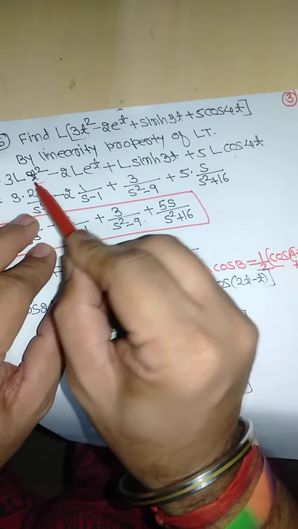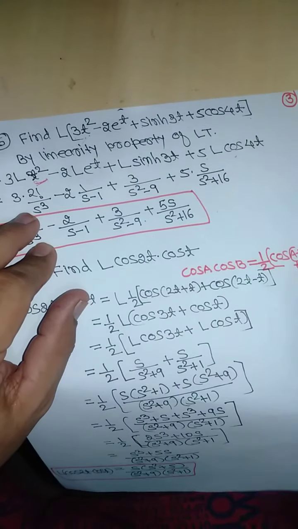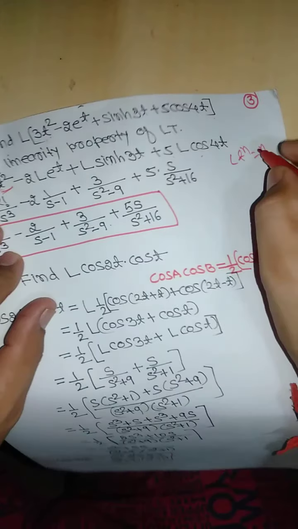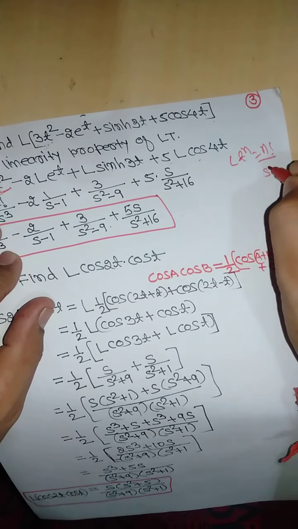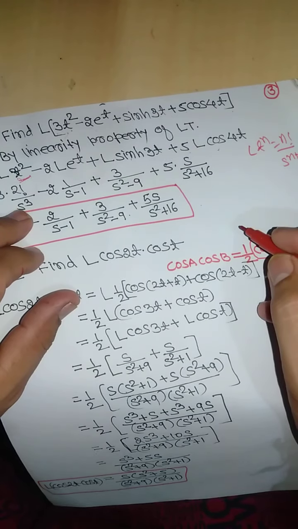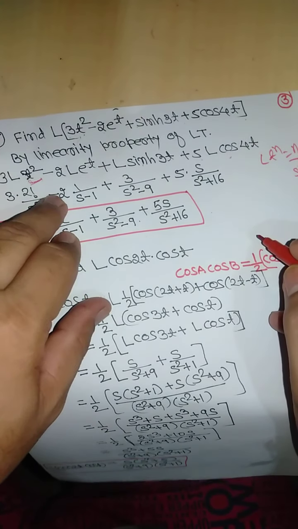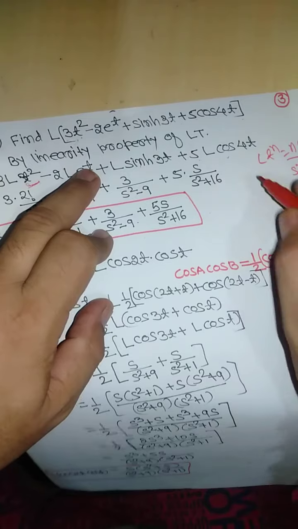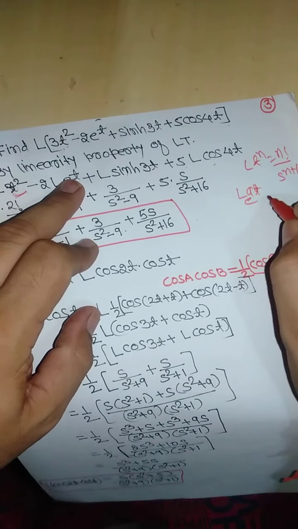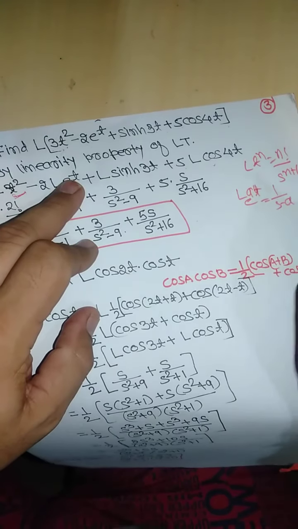Just calculate the Laplace transform of t square. The formula we know is L of t to the power n equals factorial n upon s to the power n plus 1. Using this, factorial 2 upon s cube, minus 2 times L of e to the power at, which equals 1 upon s minus a.